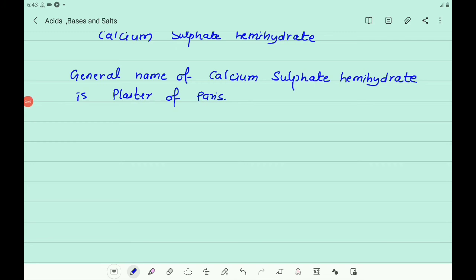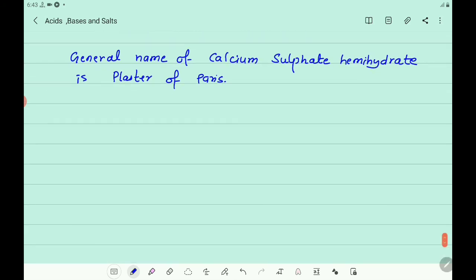Plaster of Paris is a white powder, and on mixing with water it changes to gypsum again, giving a hard solid mass. That is, CaSO4 half H2O, when mixed with water, takes 1.5 molecules of water and gives CaSO4 2H2O.